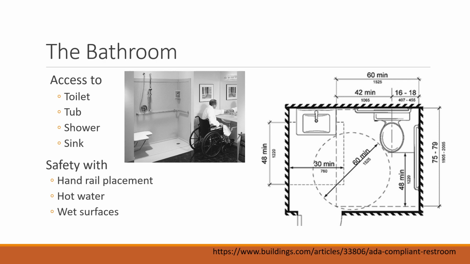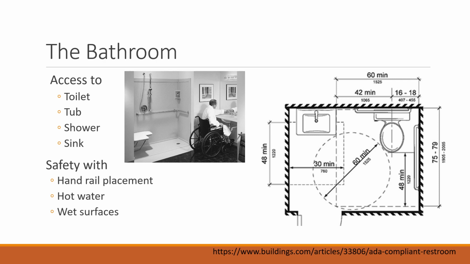The toilet should also be positioned so that the center of the toilet bowl is between 16 to 18 inches off the side wall. And what's nicer in an ideal world is if the toilet had enough spacing to be approached from both ends, but that usually will take up a lot of space.